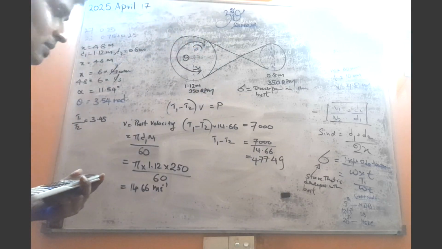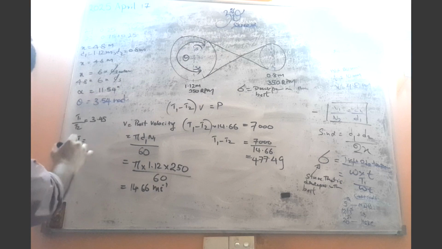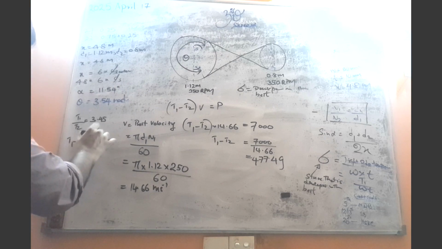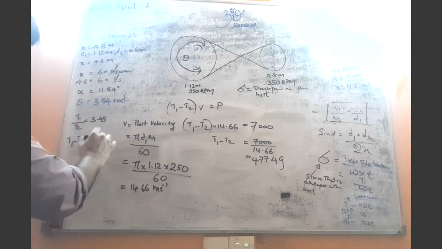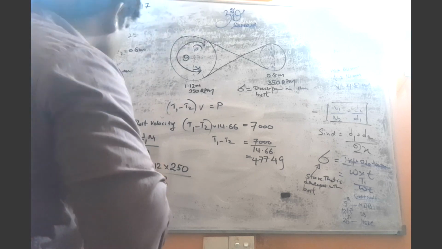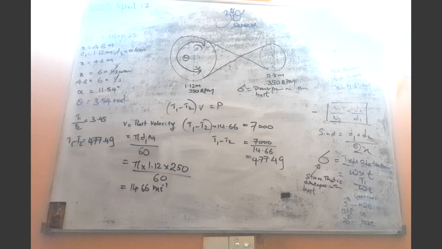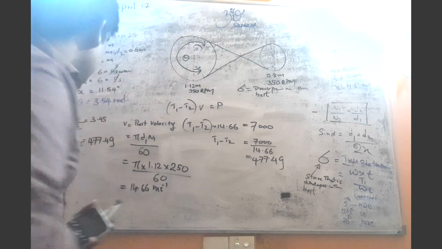Now we can write the other relationship: T1 minus T2 equals 477.49.